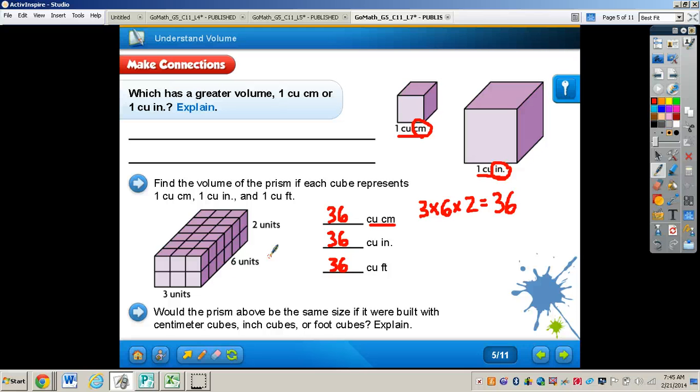So if this shape was built with cubic centimeters, it would be smaller than if the shape was built with cubic feet. Pretty obvious there. If it were all built with the same type of measurement and you compare them, then it would not match up to be the exact same. So the answer to that question would be no.